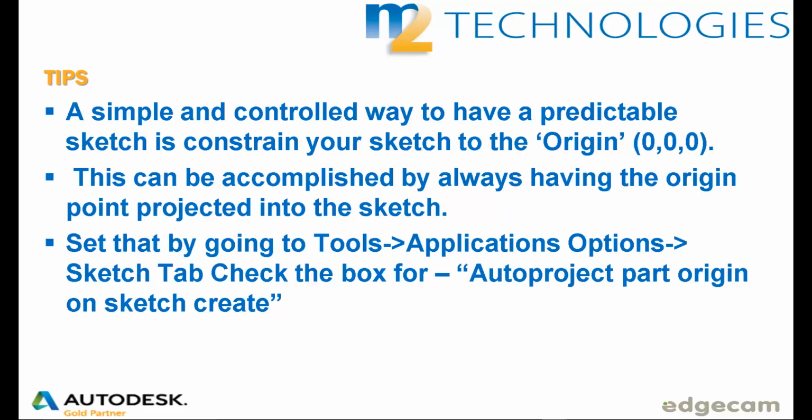If you always want to have that origin point pushed into your sketch, all you need to do is have it projected anytime you create a sketch, and you can do that by going into Tools, Application Options, and under the Sketch tab, check the box for Auto Project Part Origin to the sketch. With that, let's take a look at how Inventor sketching works at the lowest root level.